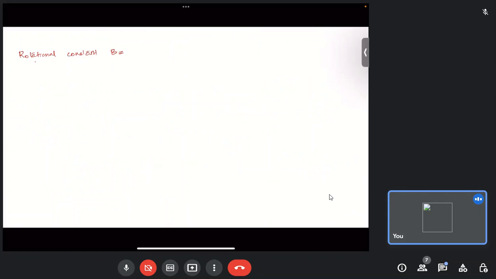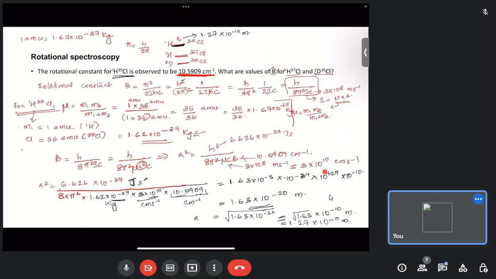So I'm just taking that, h by 8 pi square I c, and we have to find how much it is for proton. So we found the R value, which is the interatomic distance, and we found it to be 1.27 into 10 to the power minus 10 meter.